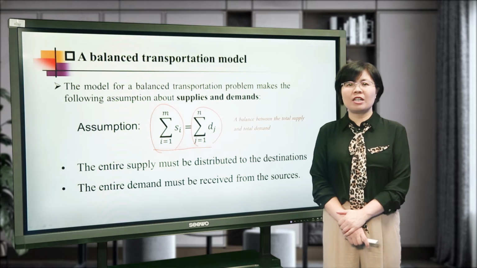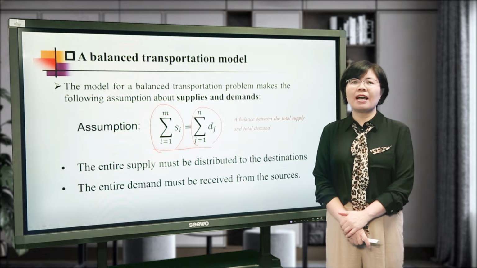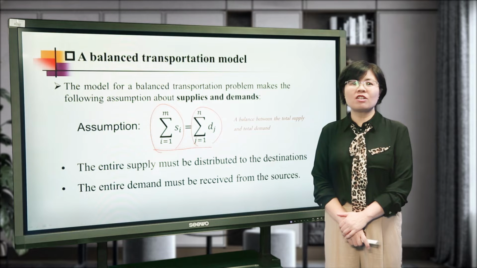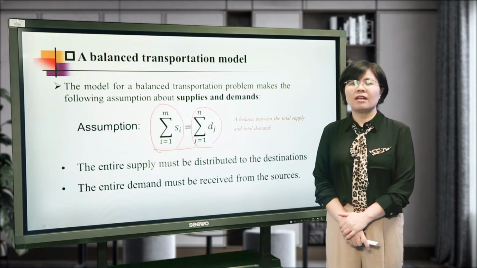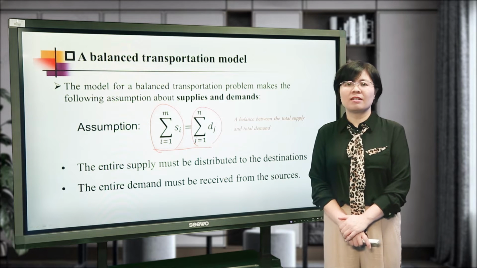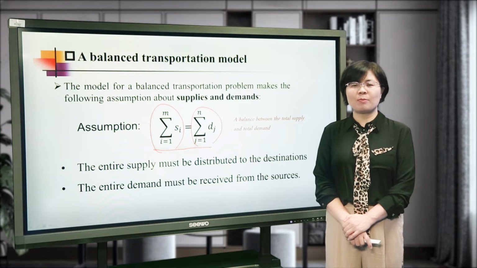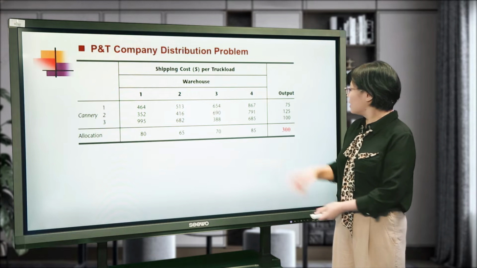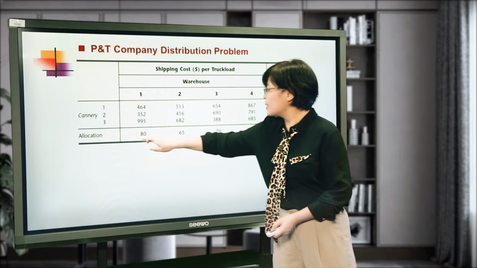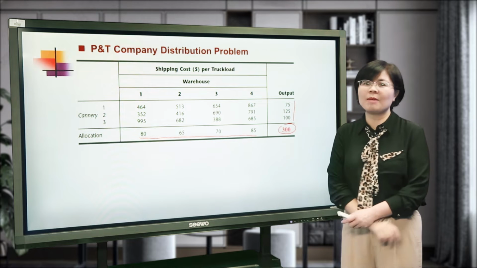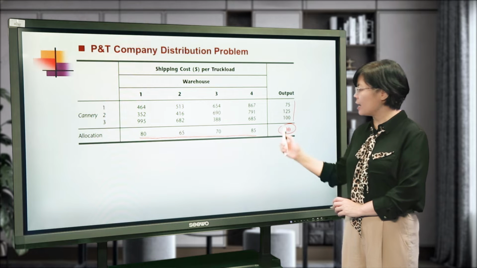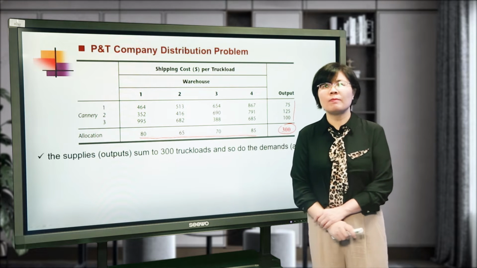For the P&T company distribution problem, the supply sum is 300 truckloads, and the demand sum is also 300 truckloads. So it is a balanced transportation problem.